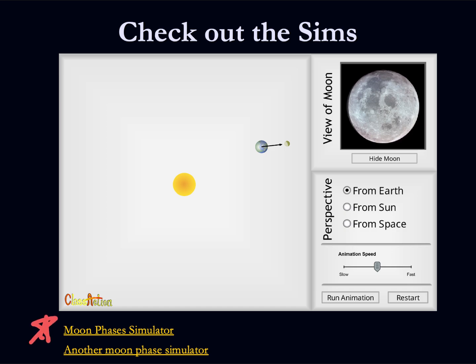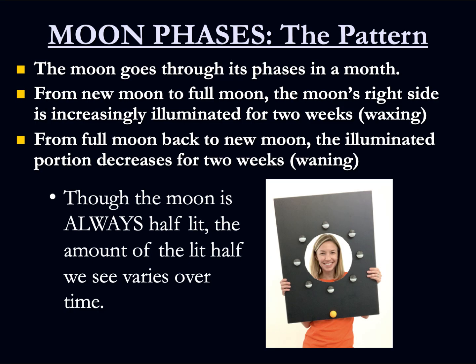Activate either of these two simulations in the PowerPoint to see the process in action. I think the first one displays it better, but they're both good. Here, you can see a moon phase model trying to show you two things at once. First, it's trying to show you that the moon is always half lit, whichever side is pointing toward the sun.